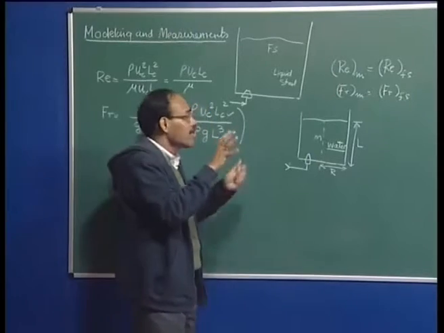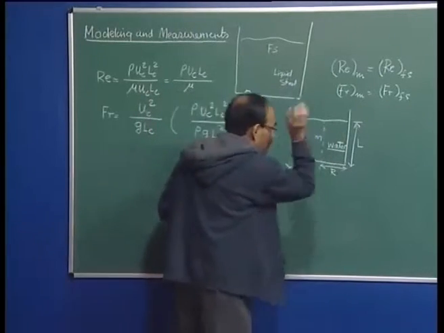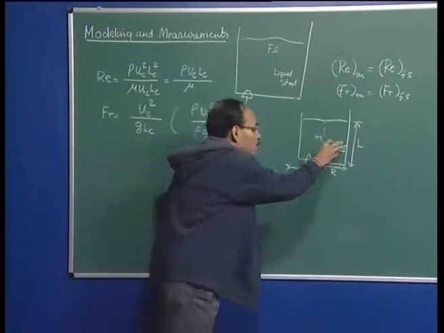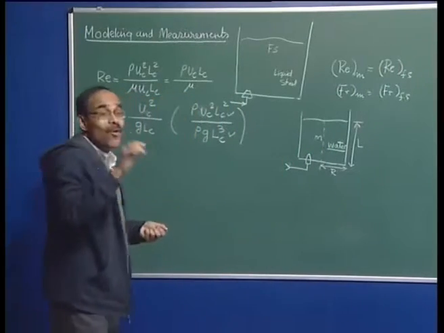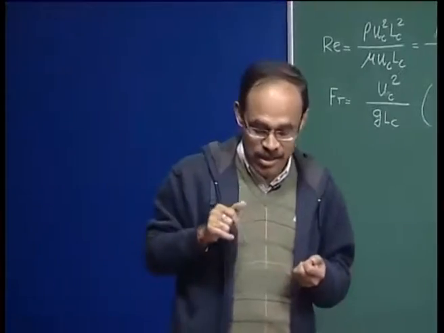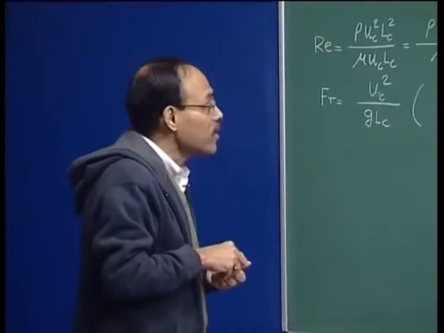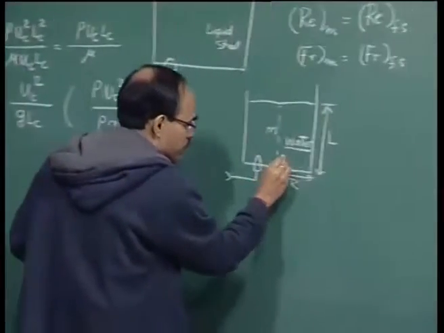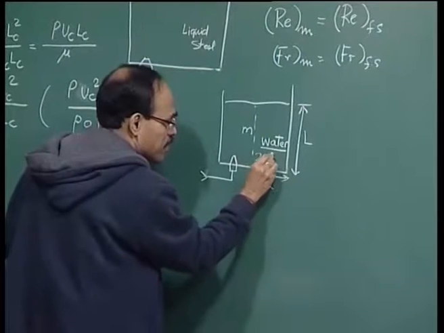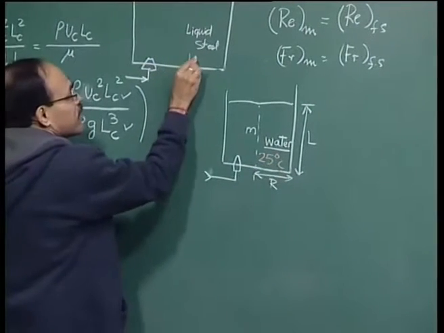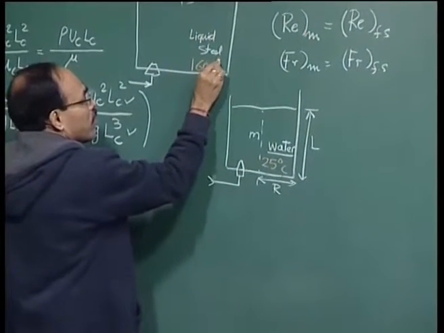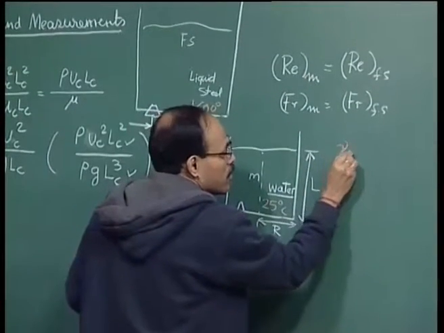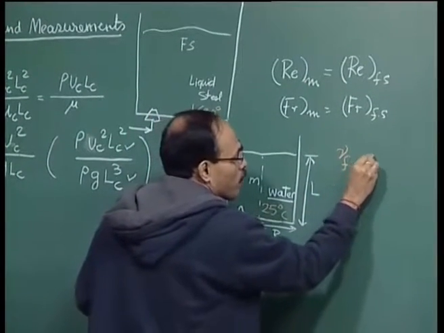So, for the time being, let us assume that in our laboratory, for the sake of convenience, we would like to use water. Now, one important point which all of you must note is that for water at room temperature, 25 degrees centigrade, and steel at 1600 degrees centigrade, their kinematic viscosity is approximately equal.